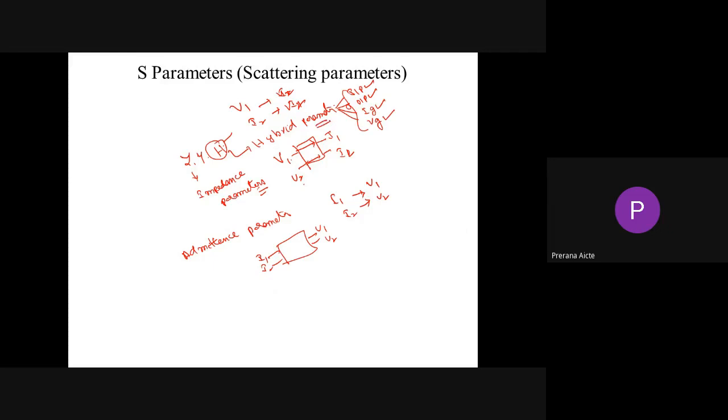So all the parameters we can calculate using hybrid parameters. Now, in all of these, Z, Y, and H, the parameters are represented in terms of voltages and currents. But in S parameters, it is represented with amplitude and phase in place of voltage and current.